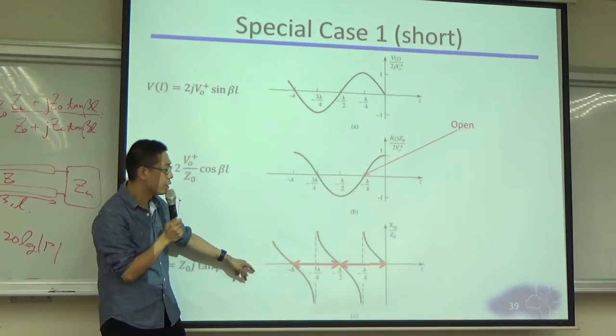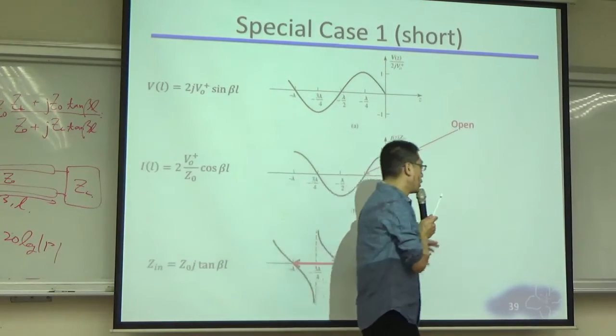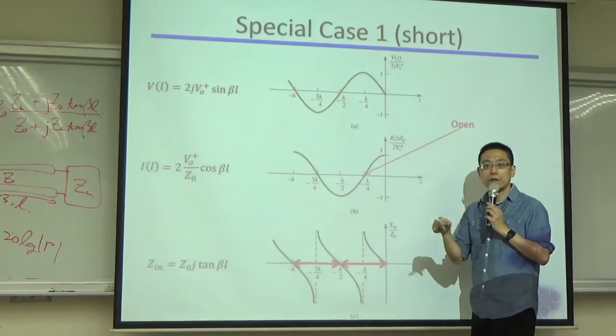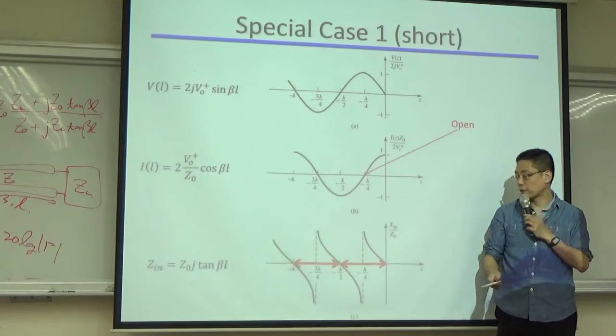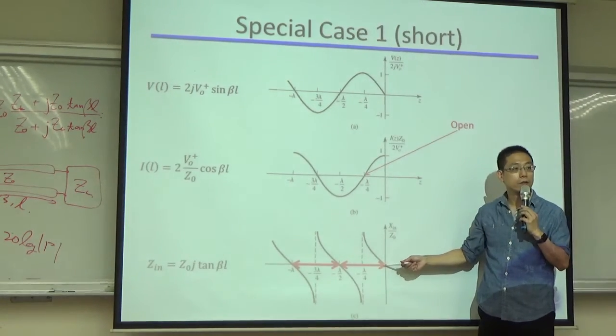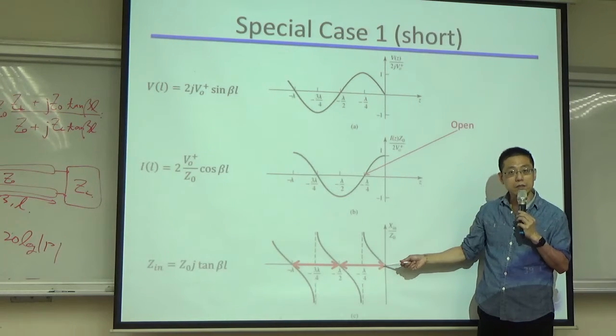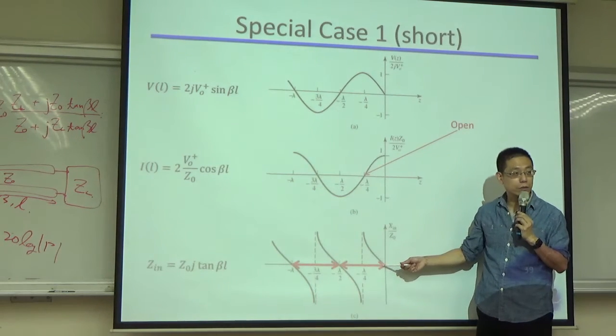See, you can see this impedance. What happened? When L equals 0 at this point, the Z is 0 because this is short.